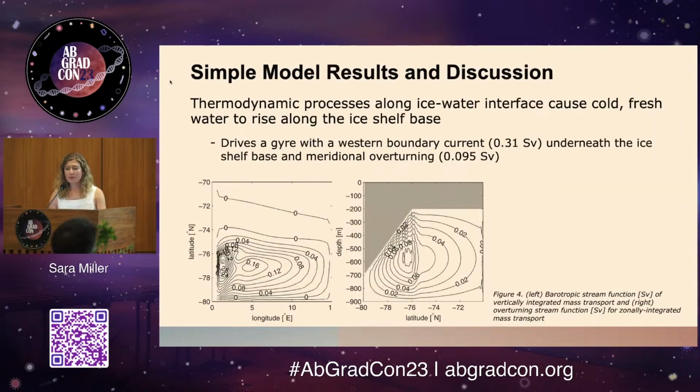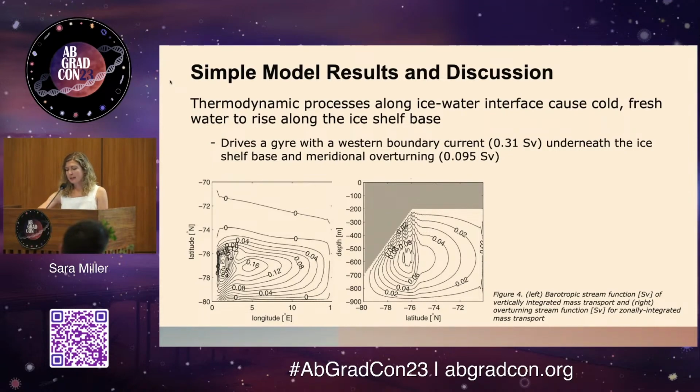We're seeing some interesting and recognizable flow features already, just with very simple geometry. We see the development of what looks like a western boundary current on the left and an ocean gyre on the right. These are happening because there is melting happening at depth. If you remember the phase diagram of water, there is a pressure dependence on the melting point of ice.